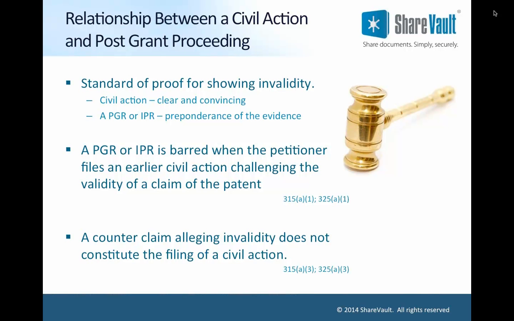However, a counterclaim does not count as bringing an earlier petition. So if the petitioner was sued for infringement and he then alleged invalidity of the claims on which he was sued, he could still bring the PGR or the IPR.